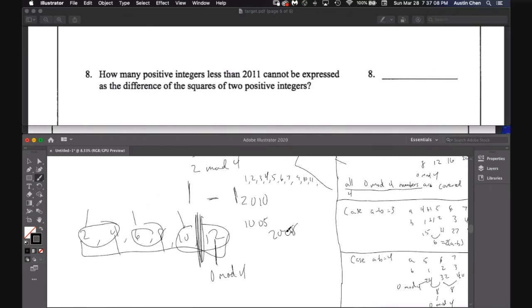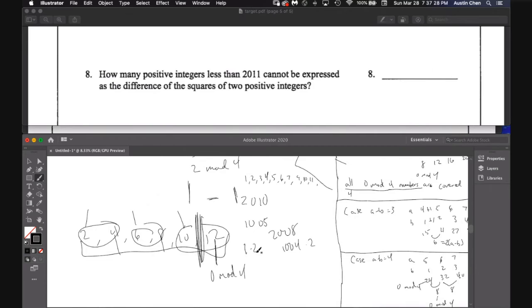So how many even numbers are at 2008 or below it? Well, 2008 is 1004 times 2. 2 is 1 times 2, and all of the even numbers differ by 2.